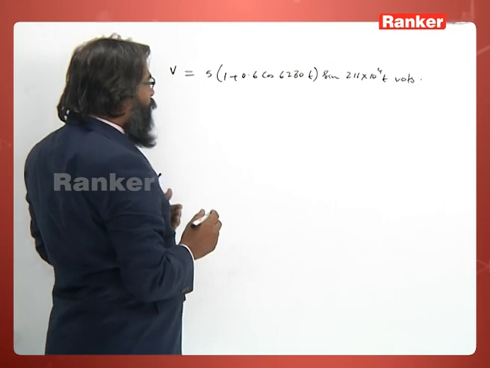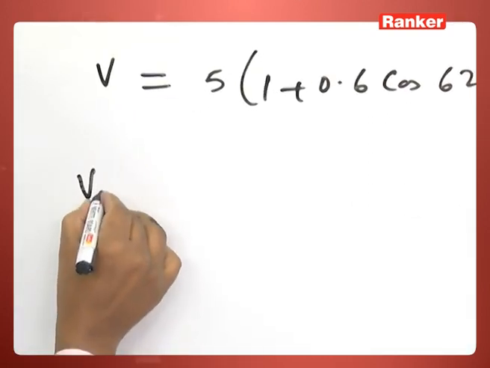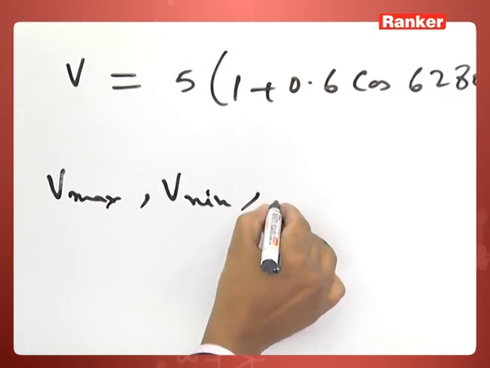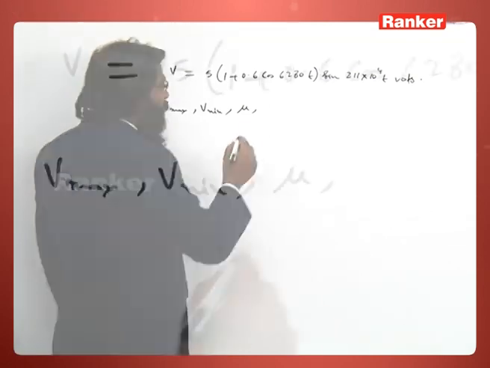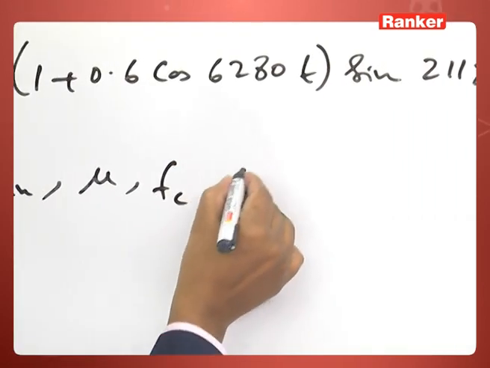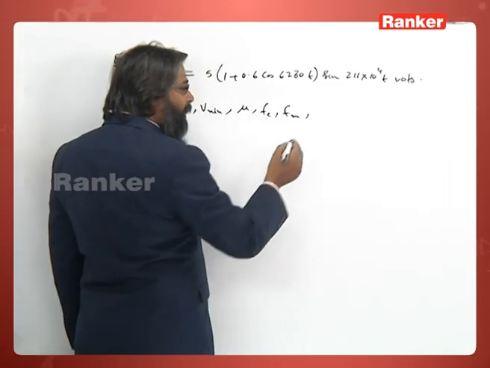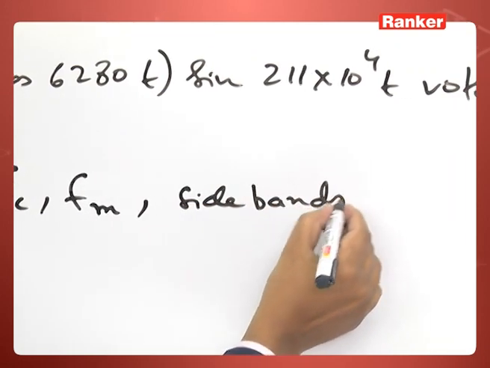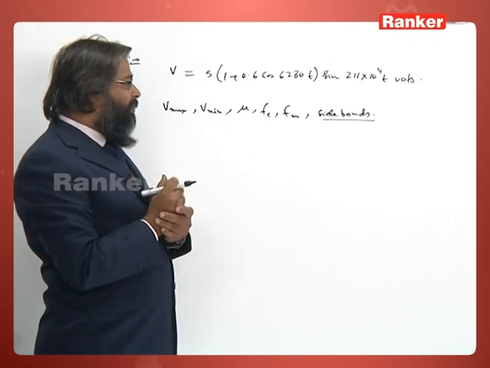Let us calculate the maximum voltage V max, V min, the mu value, that is the modulation index, then the carrier wave frequency, the frequency of the modulating signal, the side bands and the amplitudes of the side bands. Let us calculate all these things.